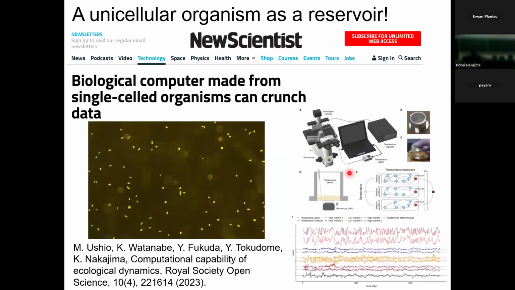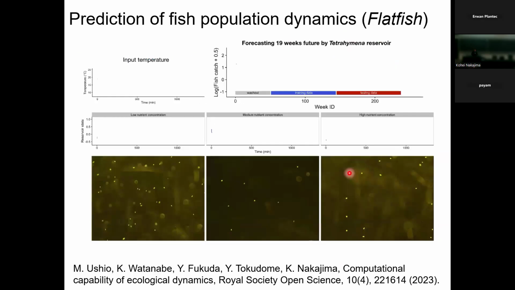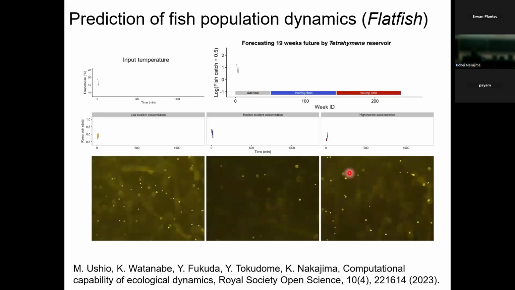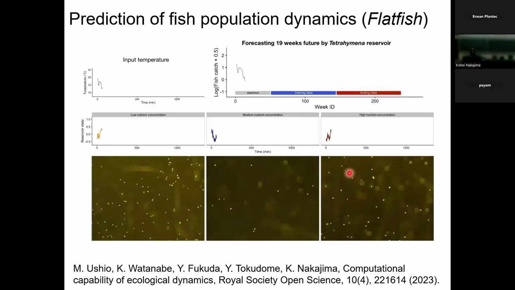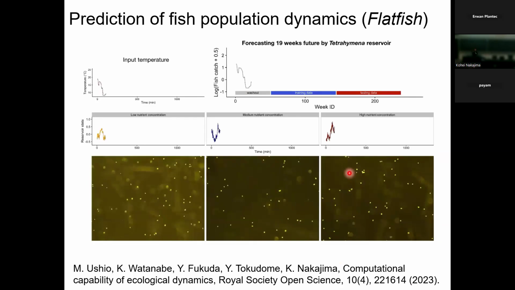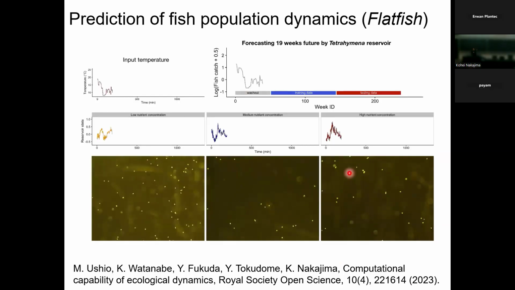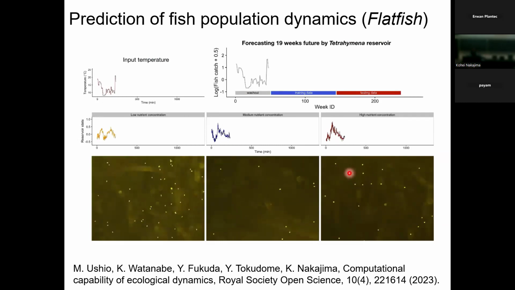Yes, and there are lots of different types of reservoir. Recently, we showed that a unicellular organism called tetrahymena can also be used as a reservoir. By using this population dynamics, we injected the population dynamics of flat fish in some kind of pond.